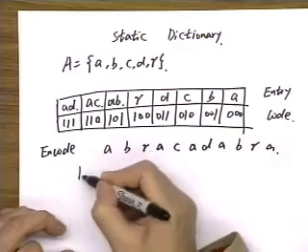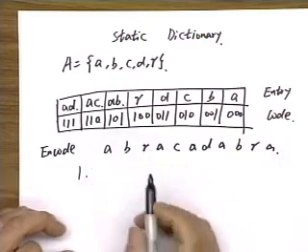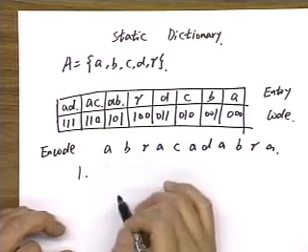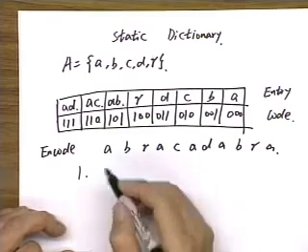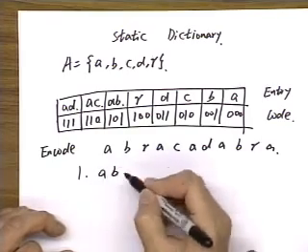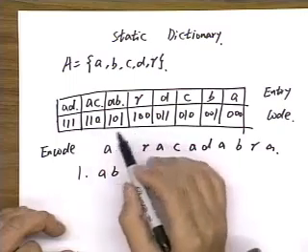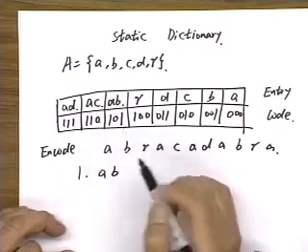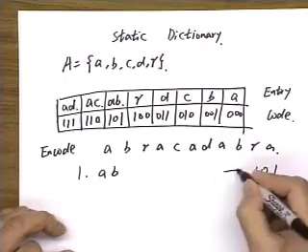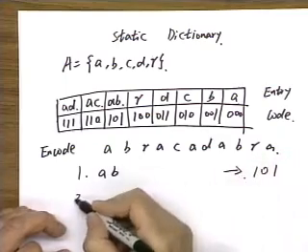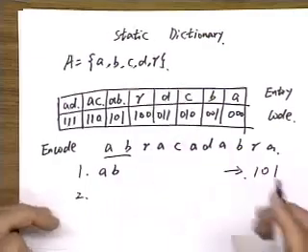Because we know that the longest length of an entry is 2, we first read in two symbols. We read in AB, and we look up in the dictionary, and we find AB is actually 101 here. And then we read 2 more, AB.